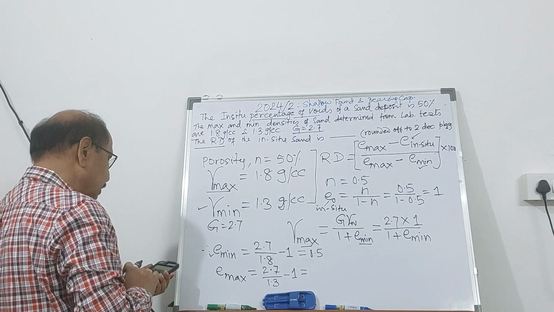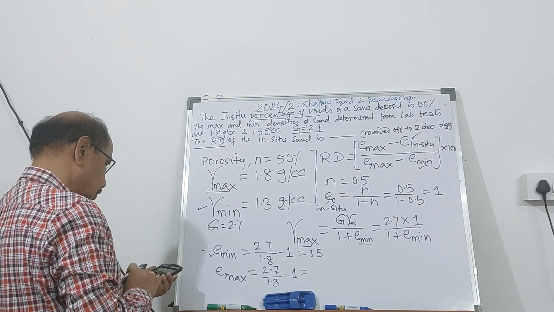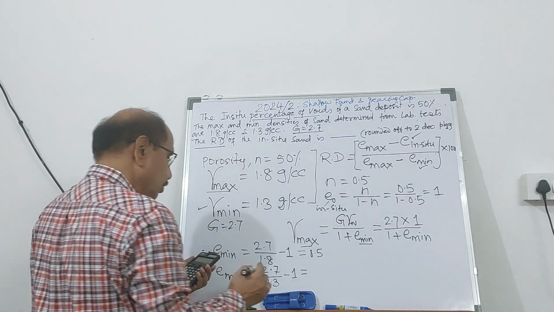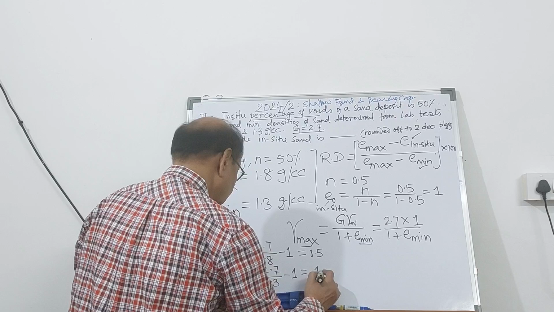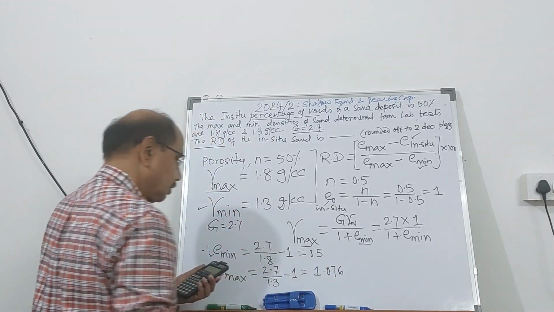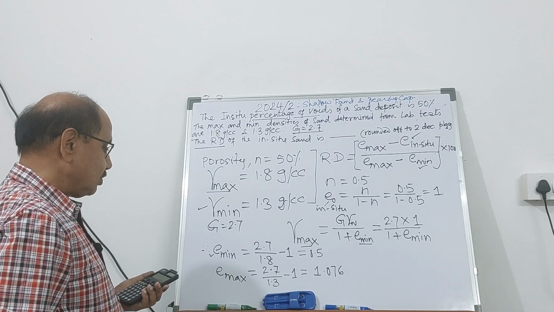So let us calculate this. 2.7 divided by 1.3 minus 1 is going to give you 1.076. We have to calculate up to 2 decimal places.